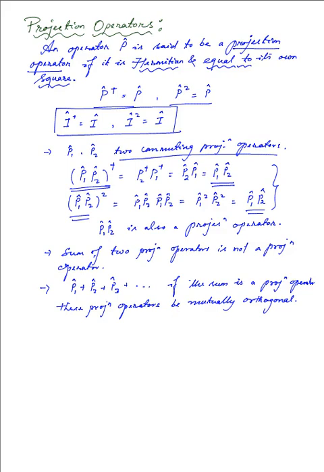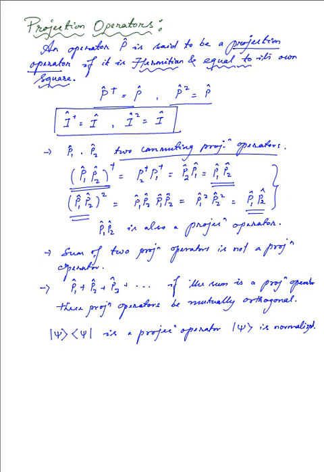So we have the outer product here, which represents an operator, supposedly a projection operator, and this will be a projection operator only when this state vector is normalized.